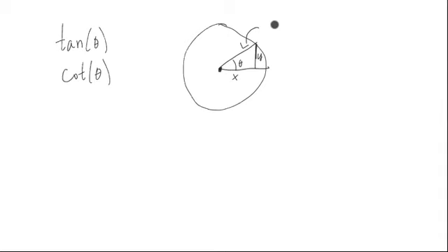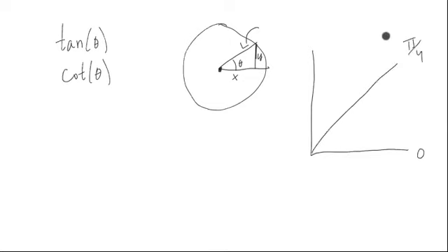Okay, so let's think about what the slopes would be in the first quadrant at the given special angles that we're working with. So we have 0, pi fourths, pi halves. Let's do pi 6. Let's do pi thirds.